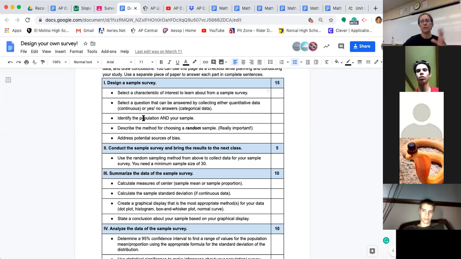If your sample includes anybody from Sonoma County, including teenagers and adults, then your sample would be the 120 or the 30 people that responded to your poll, and your population would be all Sonoma County people, or all Sonoma County people within the ages 13 to 25 or something along those lines.